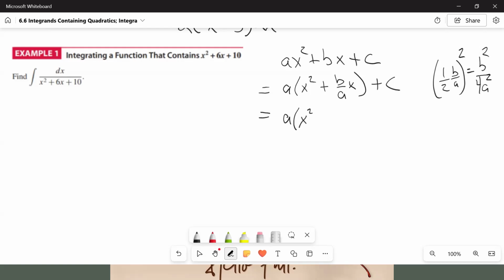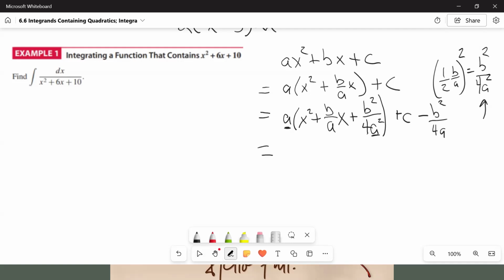So you'd have a times x squared plus b over a x plus, now you're going to add this inside the parentheses here, so it's b squared over 4a squared, plus c, and then you have to subtract what we just added because of the additive identity. But be careful here because it's going to be b squared over 4a, because this a squared is going to cancel with this a technically if you were to distribute and simplify.